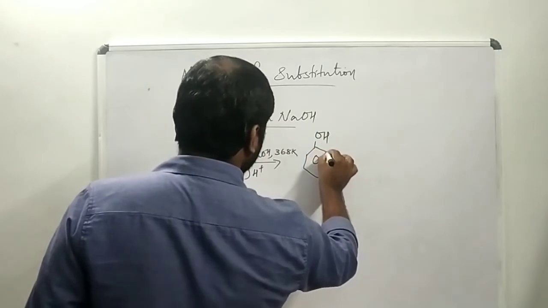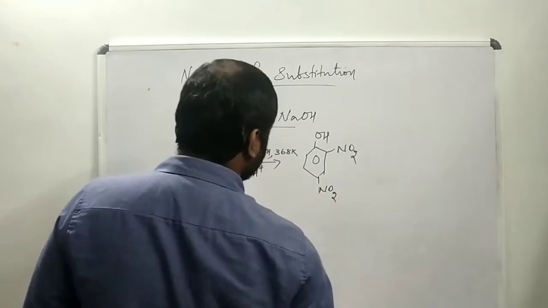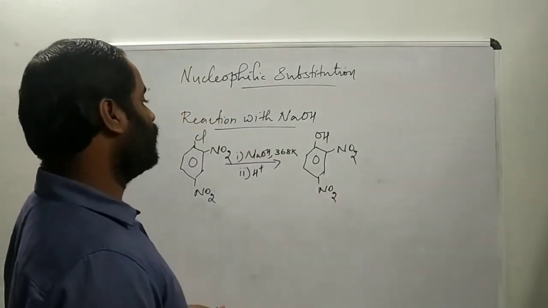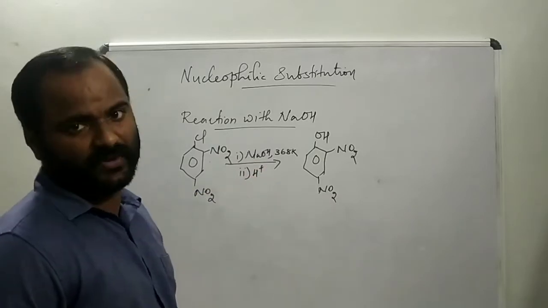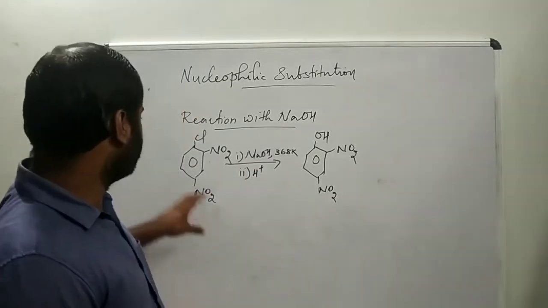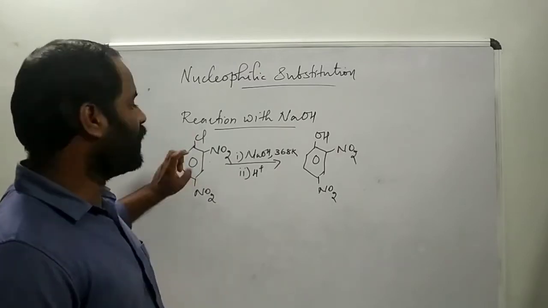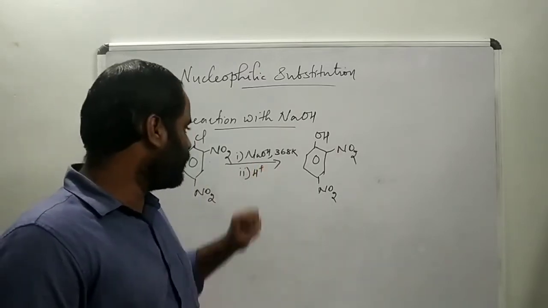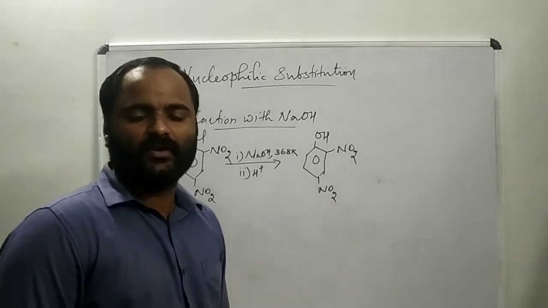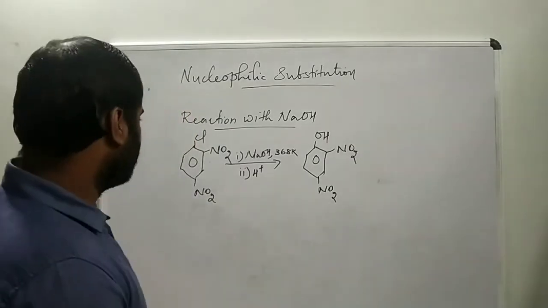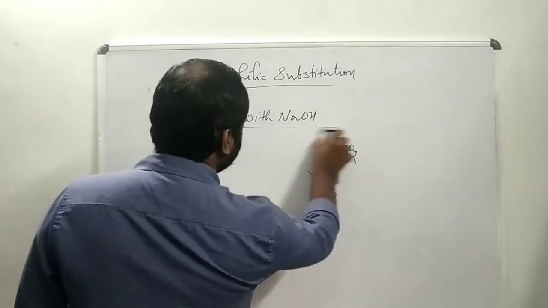Same reaction: instead of Cl, you are getting OH. This is 2,4-dinitrophenol. That means when this ortho and para substituted haloarene reacts with NaOH followed by hydrolysis, you are getting 2,4-dinitrophenol.